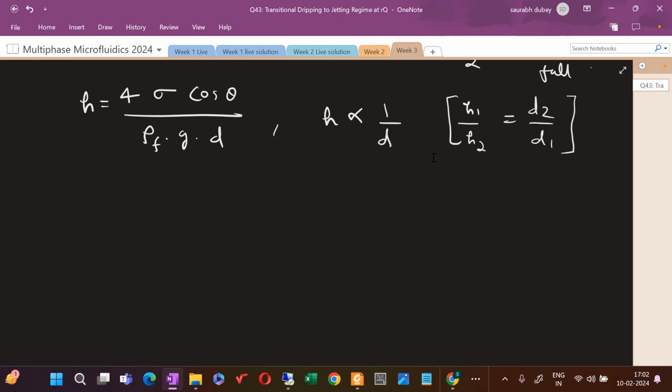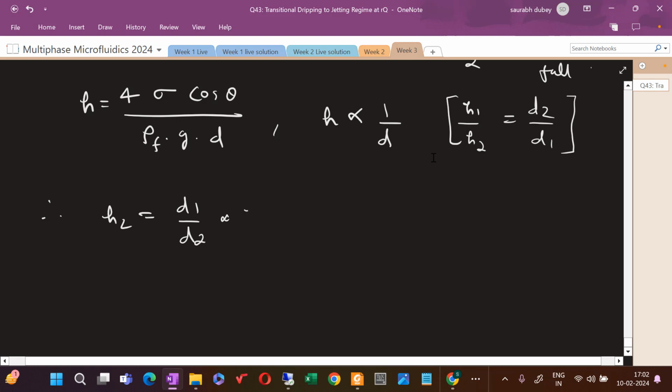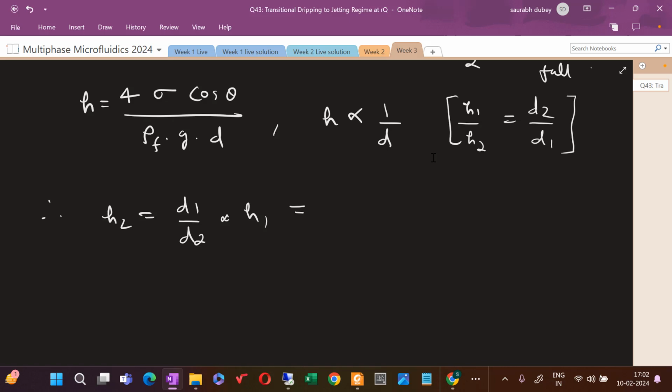Okay, therefore H2 equals D1 by D2 multiplied by H1. How D1 by D2? You had 1 mm and now you are having 0.2 mm.